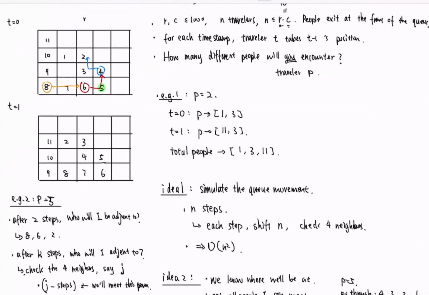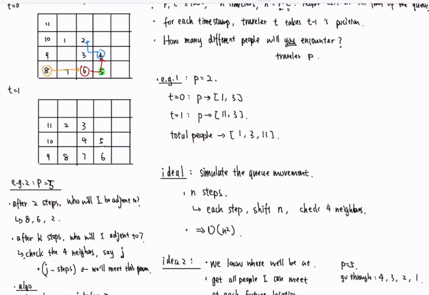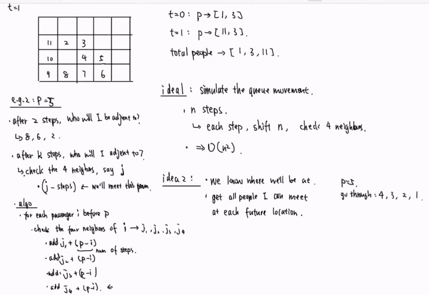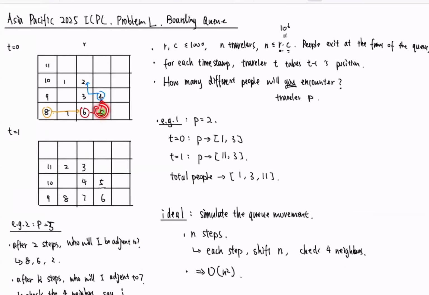So for each of the locations before P, we will get all the neighbors there. Sometimes we only have 3 neighbors. That is because when 5 moves to location 3, the left neighbor is empty. An empty cell plus 2 steps forward is still empty, so we don't include that.